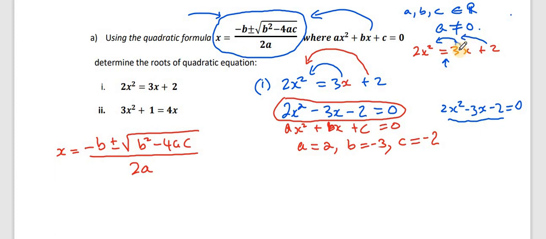Not just the 3, but 3x collectively as one term goes over from plus 3x to minus 3x on the left hand side of the equal sign. So the 3x moves from the right hand side to the left hand side from plus 3x to minus 3x. The plus 2 moves from the right hand side to the left hand side as minus 2. So because I move the 3x and the 2, I'm left with 0 on that side. Was that clear?